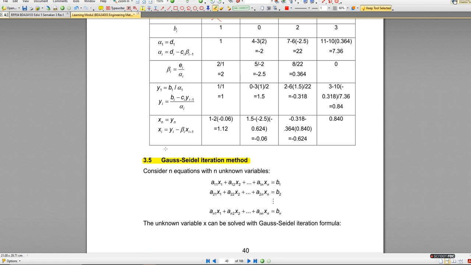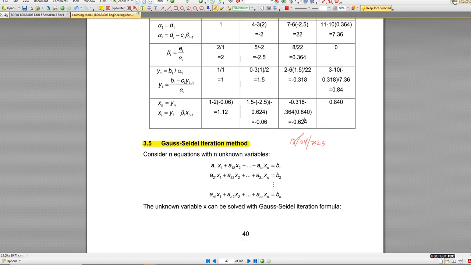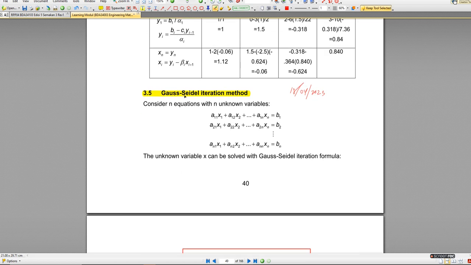And then for today, 18 2023, the Gauss-Seidel iteration method is slightly the same as the previous method, the Thomas algorithm method. Okay, consider an equation with unknown variables, let's say 3 by 3 or 4 by 4.